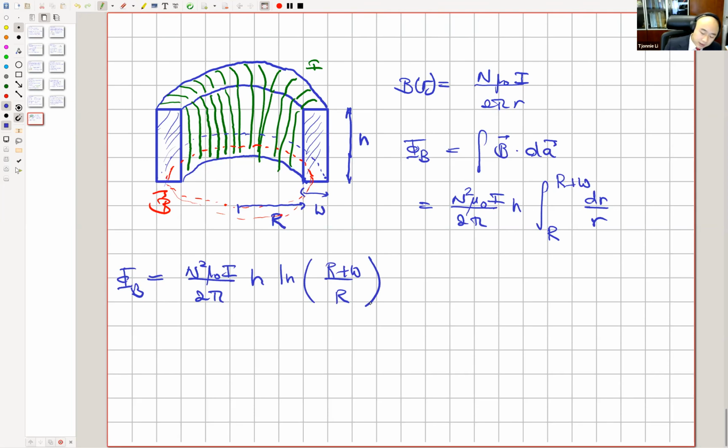So now I know that the EMF, the electromotive force, is just the negative rate of change of this.